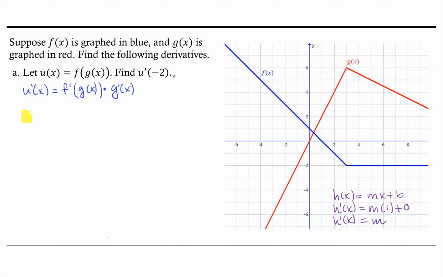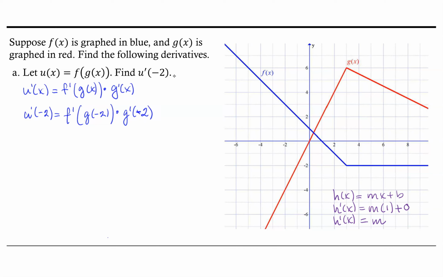So u prime at -2 is going to be equal to f prime of g at -2 times g prime of -2. To move forward, I really need to know what g of -2 is. I'm sorry, that's g of -2, not g prime. I need to know what g of -2 is.